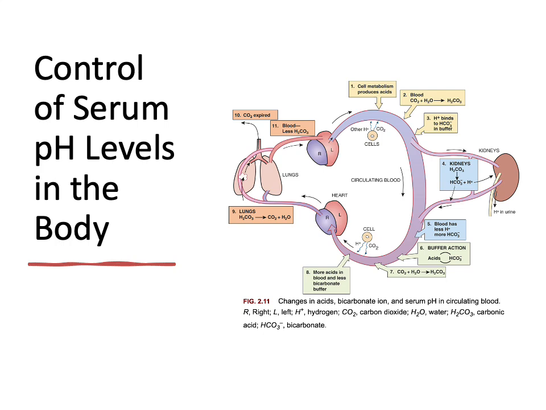So when the kidneys are absorbing more bicarbonate ions, that means that we're holding on to more base. That means that we are more alkalotic. When our kidneys are excreting more bicarbonate ions, that means that we are getting rid of our base component, which would make us more acidotic.